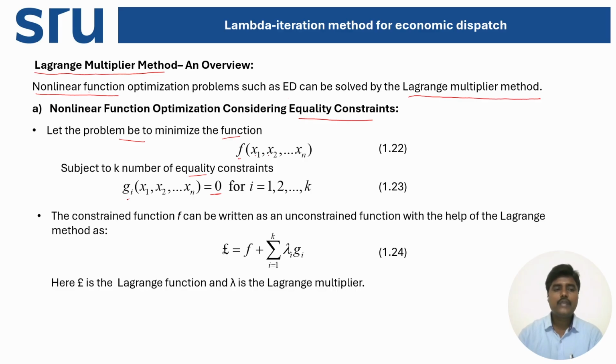Then by using the Lagrange multiplier method, we can express the Lagrange function L is equal to function f plus summation i is equal to 1 to k lambda_i into g_i, where this symbol L is called the Lagrange function and lambda is called the Lagrange multiplier. So if you observe carefully here, the Lagrange function is having two terms. The first one is the function f and the second one is the equality constraint.